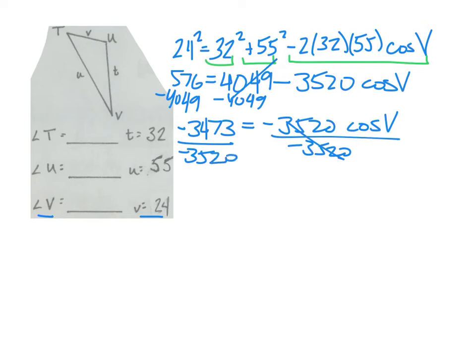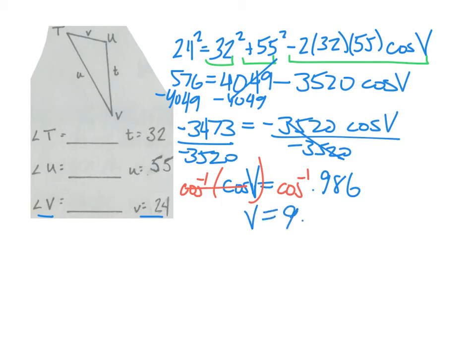Then we'll have that the cosine of V will equal 0.986. Of course, to get rid of that cosine, we're going to want to take the inverse cosine of both sides, getting the cosines to cancel, and V will equal 9.373.